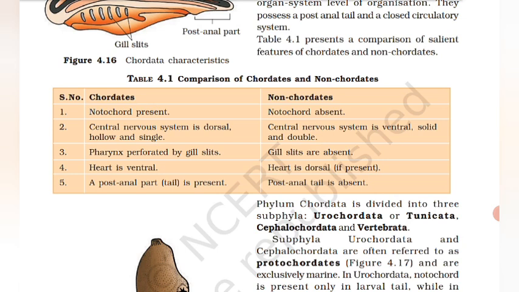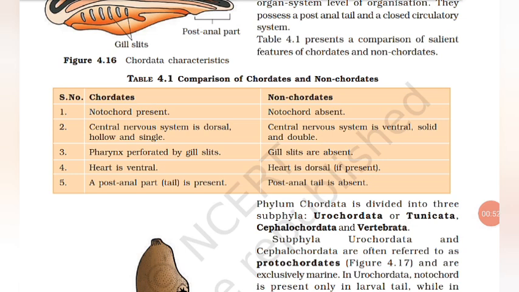Gnathostomata bears jaws, in superclass Pisces, that is bearing fins, class Chondrichthyes and Osteichthyes come in the Pisces, and the Tetrapoda, that is bearing limbs, comes in the class Amphibia, Reptilia, Aves and Mammalia. Understood? पहले जो है डिवीजन हुआ है एगेनेंथा और गैनेंथोस्टोमेटा में. एगेनेंथा में जॉज़ नहीं होते, और गैनेंथोस्टोमेटा में जॉज़ होते हैं. ठीक है. फिर गैनेंथोस्टोमेटा पीसेस और टेट्रापोडा में हुई है. पीसेस में फिन्स से, टेट्रापोडा में लिम्ब्स से.